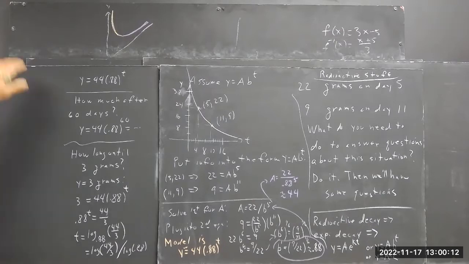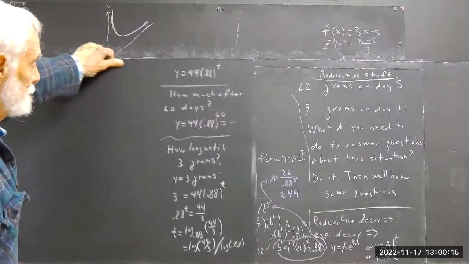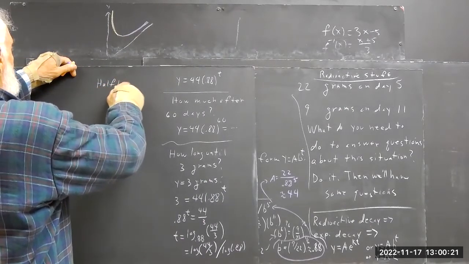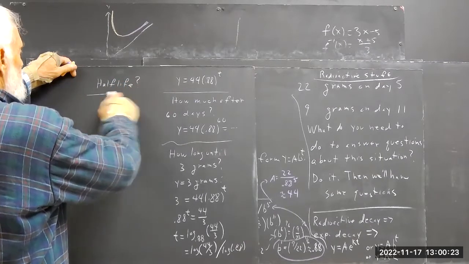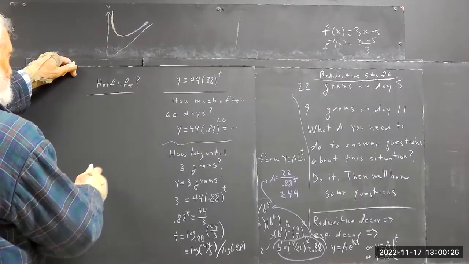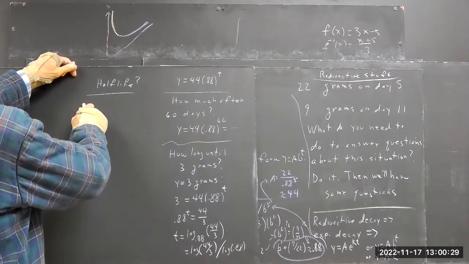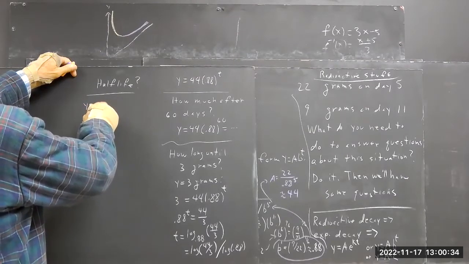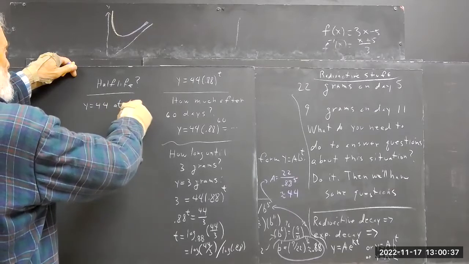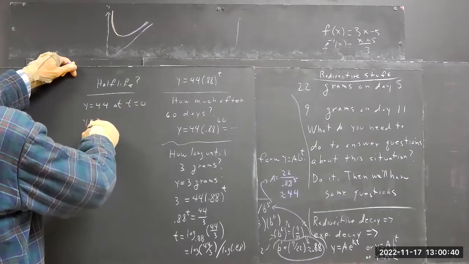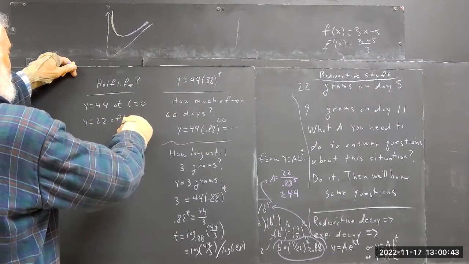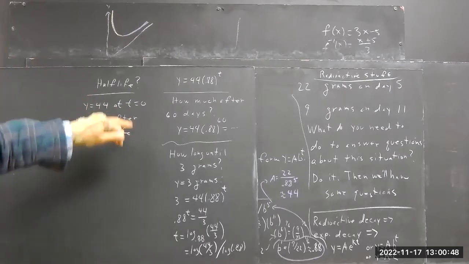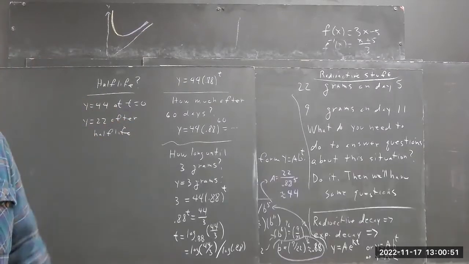Well, what about the half-life? y equals 44 when t equals 0, so y equals 22 after a half-life.